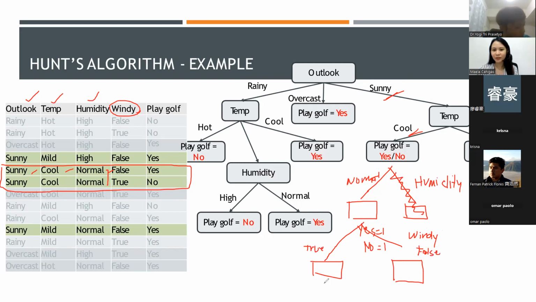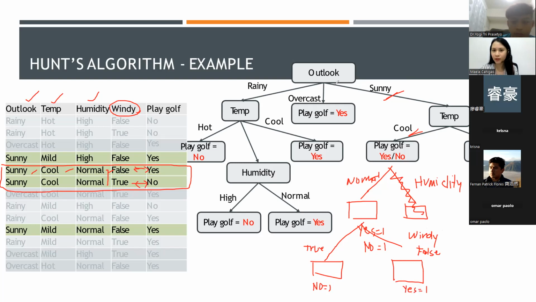So technically, we only have one yes. So play golf, one yes over here. Oh, sorry, true is no, this one, because true is no, and then false is yes.